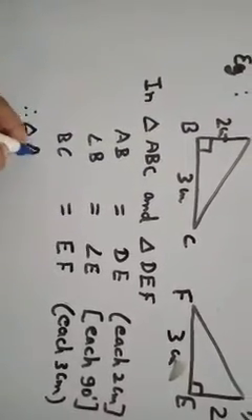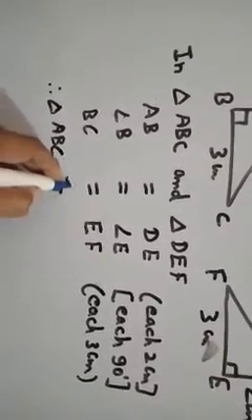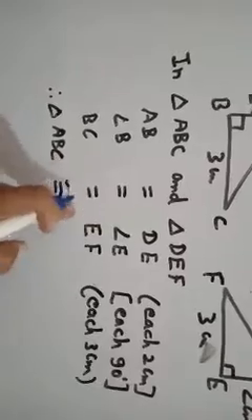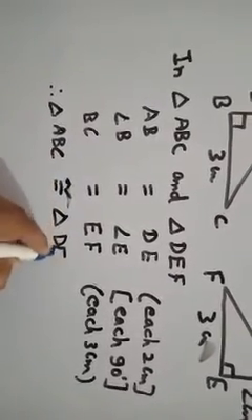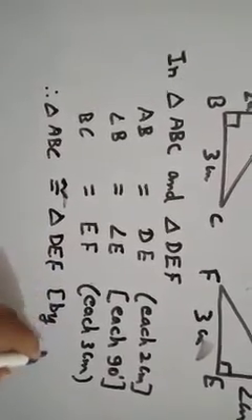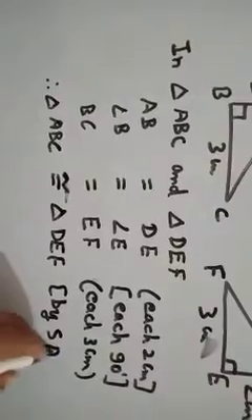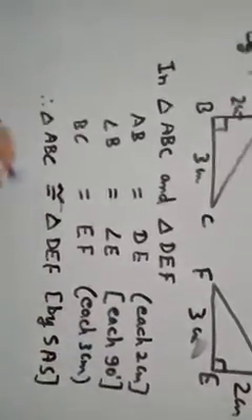Therefore triangle ABC is congruent to triangle DEF by the rule of congruency, side, angle, side, because this is side, this is angle, and this is side.